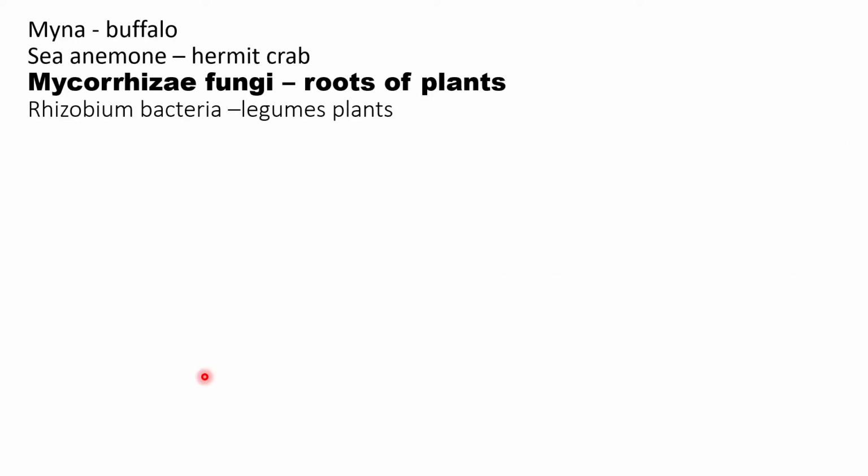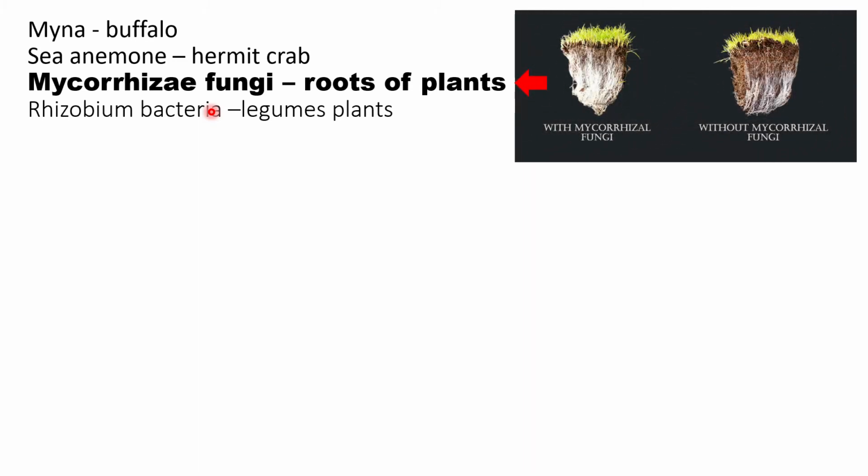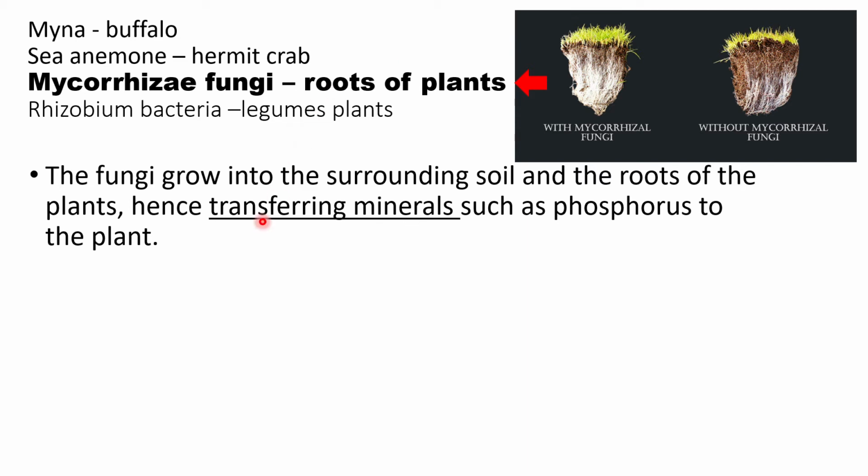Okay, then the other example is this association of fungi and also the root of the plants, iaitu mycorrhizae fungi. Okay, perhatikan with the growth of mycorrhizal fungi and without. Can you see the difference? Okay, apakah kebaikan yang mereka dapat? So let's look at the fungi. They are growing into the surrounding soil and the roots of the plants.